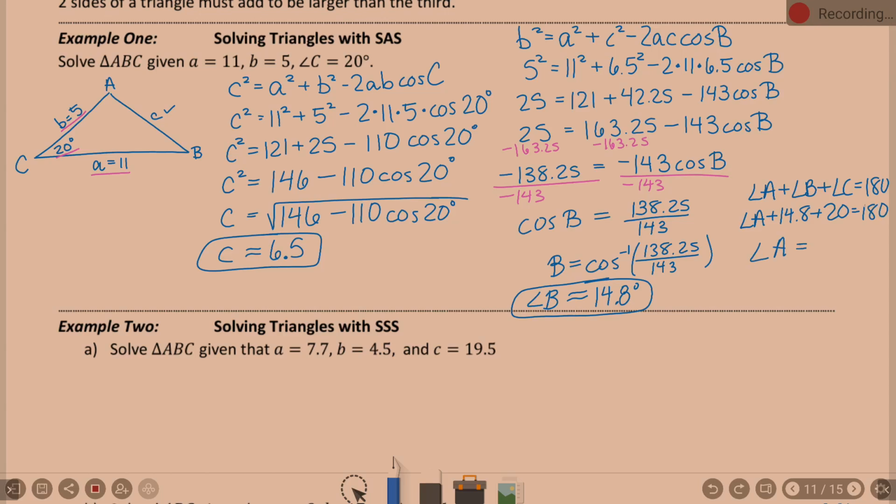Angle A ends up being, according to my notes, 145.2. And we'll pick up on the next one tomorrow. This is one where, had you tried to find angle A with law of cosines, it would have given you an error. It wouldn't have worked. It would have given you an error or an incorrect angle. I don't remember which. So.